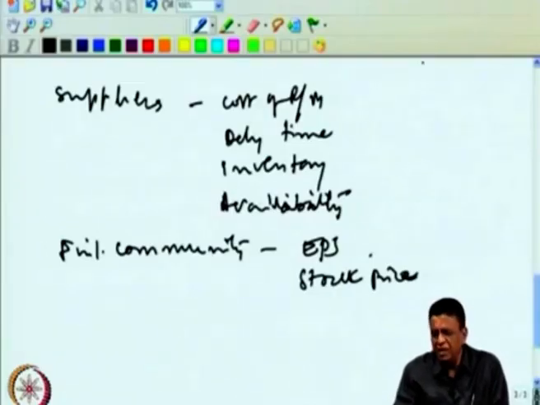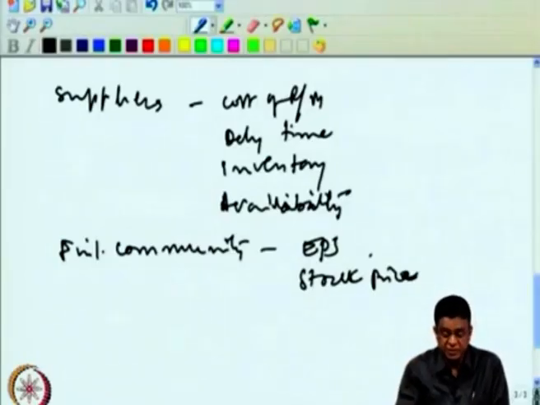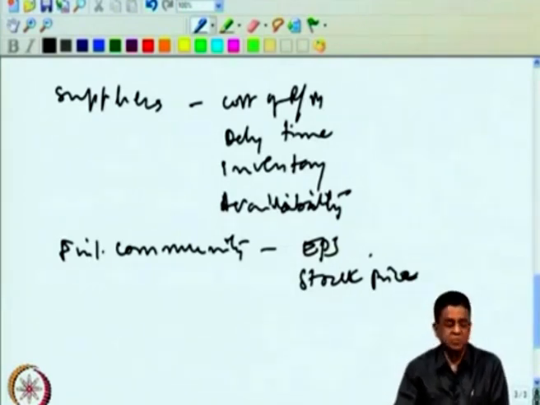So, this is very helpful to evaluate a firm. Suppose you find that there is turbulence in the stock market, to what extent can the company absorb this turbulence? These are some of the questions which the financial community would like to know.